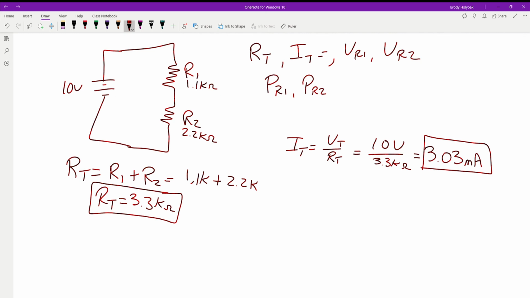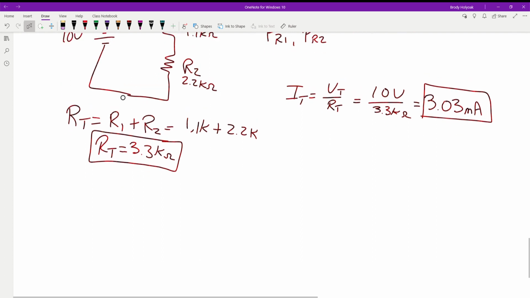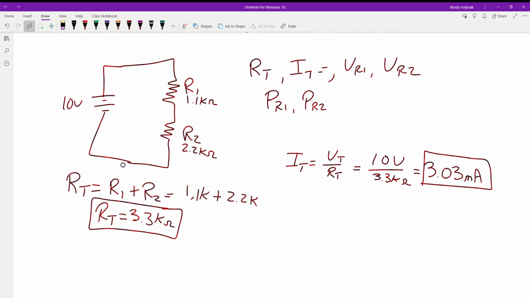That means that's the current going through R1. That's the current going through R2. That's the current going through this wire. And that'll come into play later on because depending on the gauge of wire you have, it's how much current that it can handle. A lot of the stuff that we use can handle several amps of current, even just these little itty bitty wires.